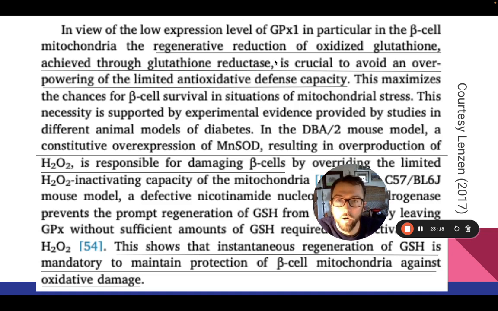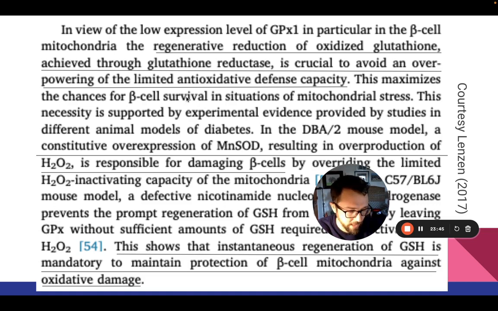So in view of the low expression of GPX1, in particular the beta cell mitochondria. So the mitochondria is low on this buffer for ROS, not a good sign. The regenerative reduction of oxidized glutathione achieved through glutathione reductase is crucial to avoid an overpowering of the limited antioxidative defense capacity.